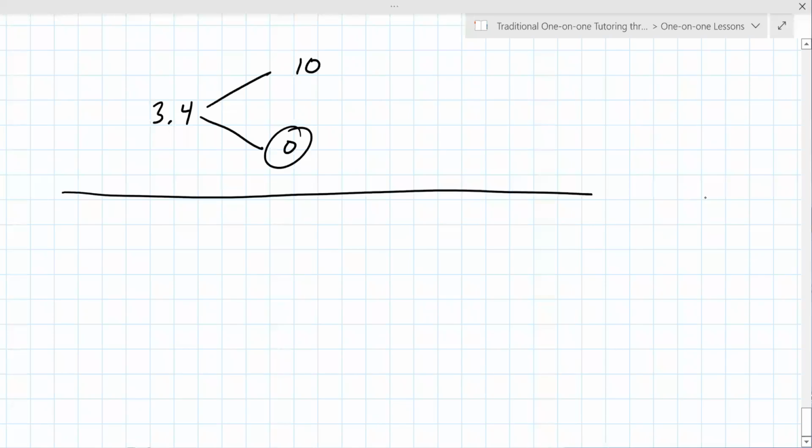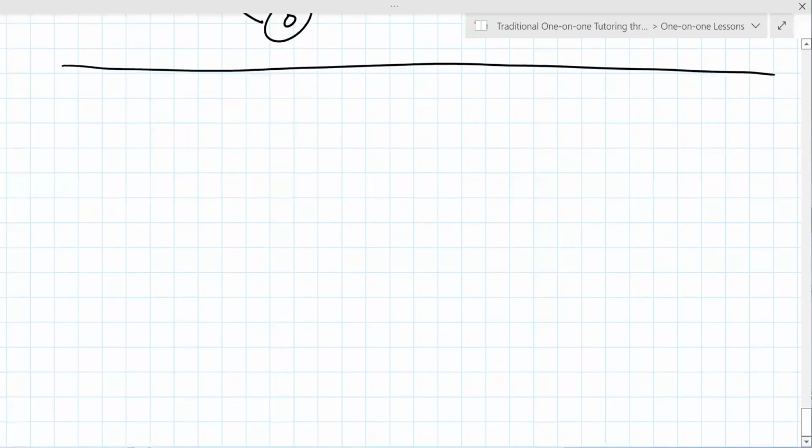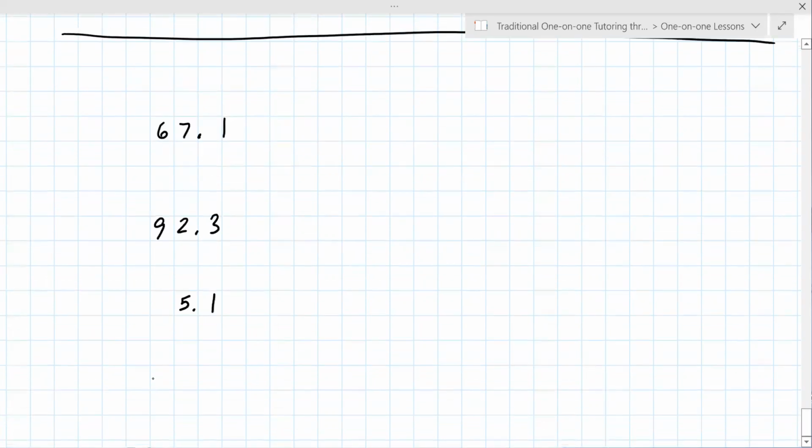Okay. Time to try some on your own here. I'm going to give you 4 problems and I'm going to see what you've got here. So let's go: 67.1, 92.3, 5.1, and then one more here. Let's go 70.